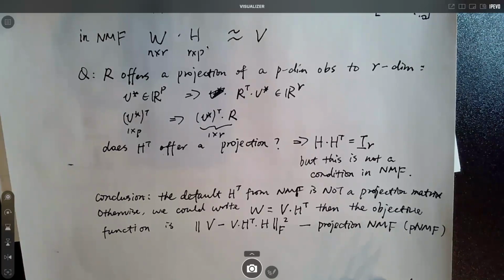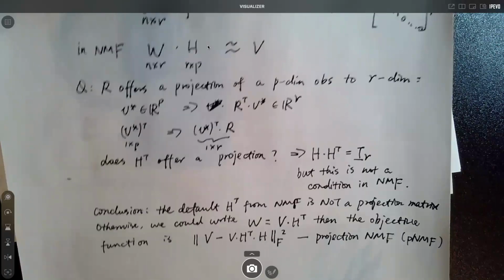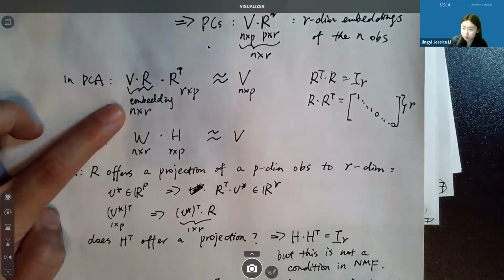So I guess, is it not a projection into a completely different space, in the sense that it's not real? So it is a projection, but I don't know how to explain this.